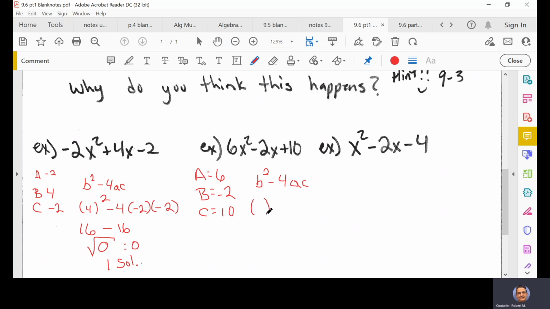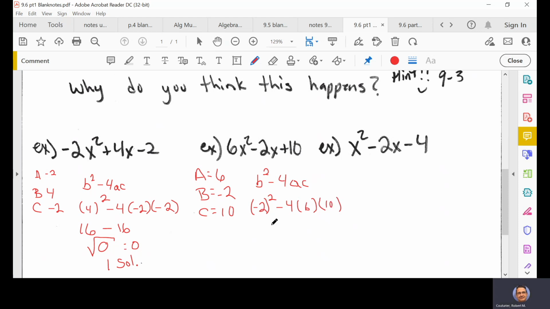We remove the variables and insert a set of parentheses. Always do this first. If you do this, it doesn't take much time. It so increases your odds of getting these problems right. B is a negative 2, and this is exactly why. You want to make sure that negative is inside the set of parentheses. A is 6, and C is 10.